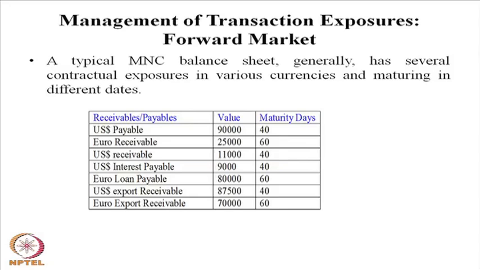We will then be in a position to identify currency-wise receivables and payables, and the currency-wise deficit and surplus. In the event of a deficit, the MNC needs to arrange foreign currency for the payments, and in the event of a surplus, the MNC needs to deploy the surplus in the market.